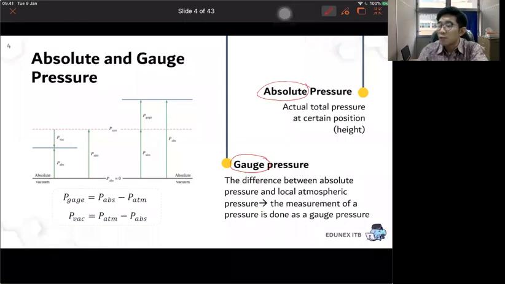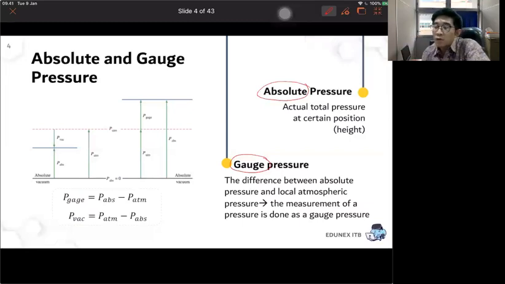Okay, different from absolute pressure, sometimes we find what we call gauge pressure. Gauge pressure is actually the device used to measure the pressure of the system.